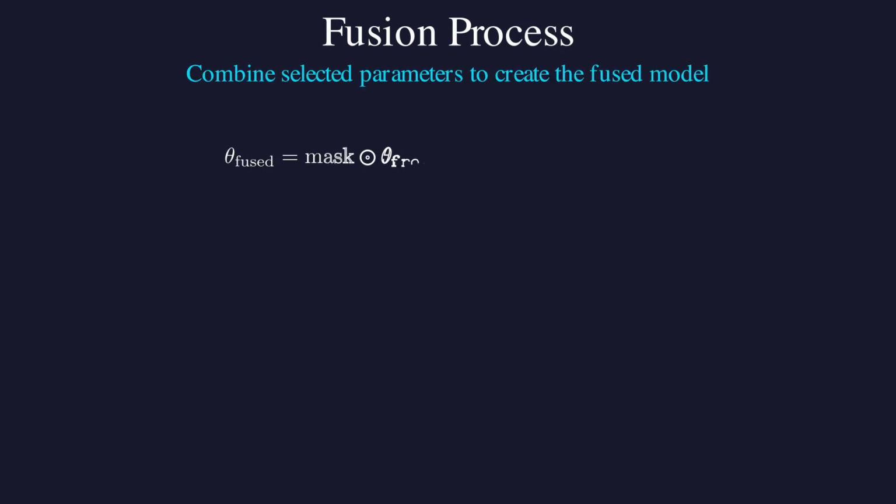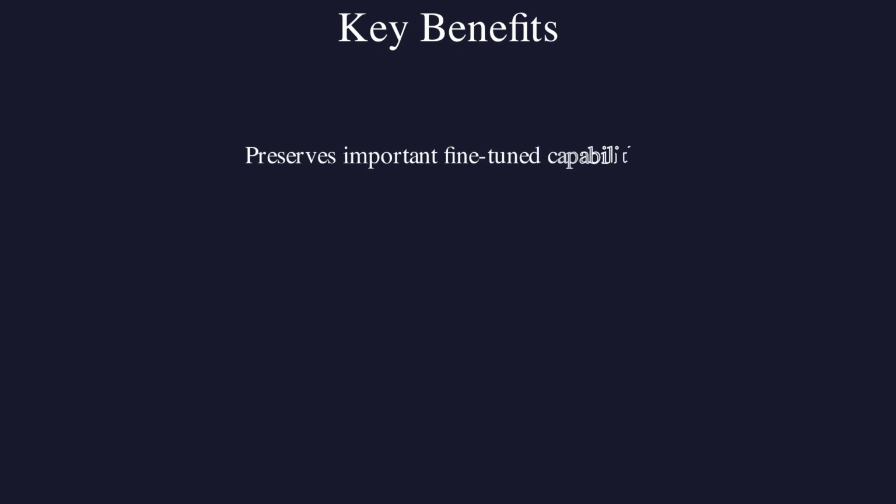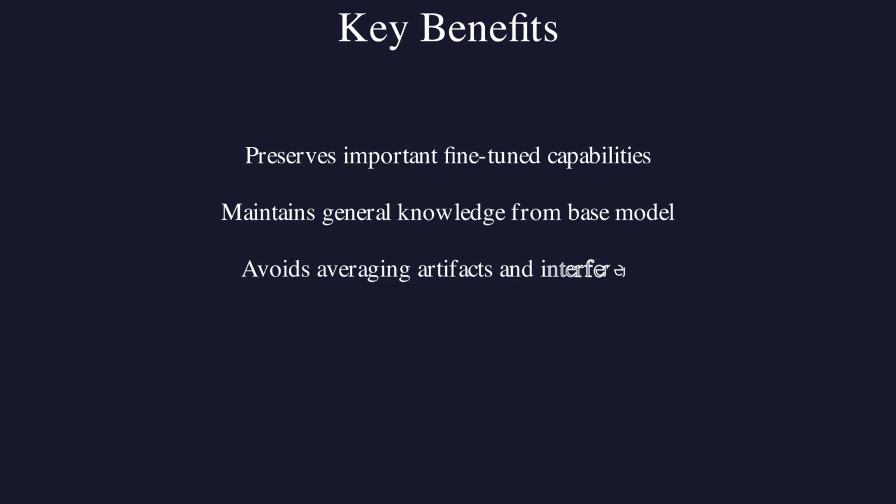We just select what we want from the fine-tuned model based on the mask, based on the importance scores. At the end of the day, we only keep what matters. We preserve the fine-tuned capabilities and the base knowledge, and we avoid averaging just for the sake of averaging.